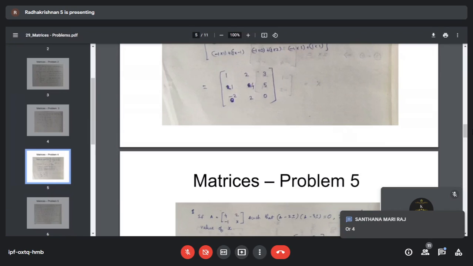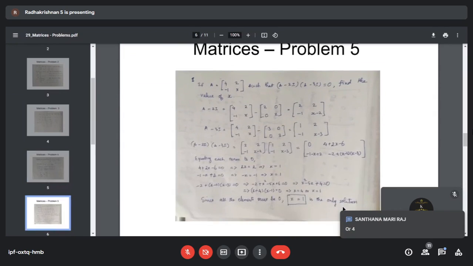Okay, so let me now show the solution. So A minus 2I will be, since I is 1, 0, 0, 1, 2I will be 2, 0, 0, 2. So for A minus 2I, you subtract 2I, meaning each corresponding term you have to subtract.